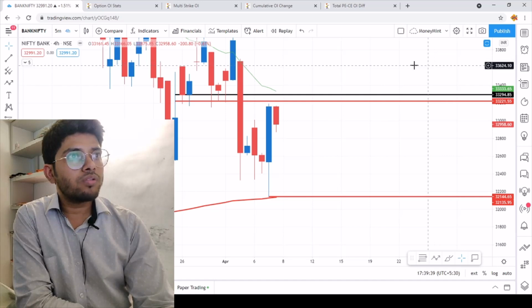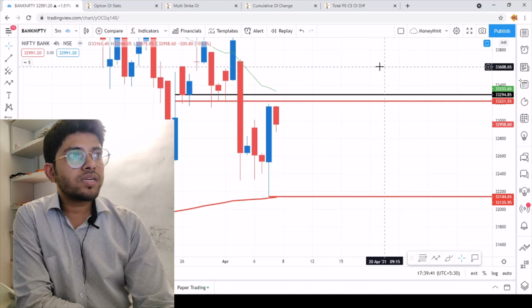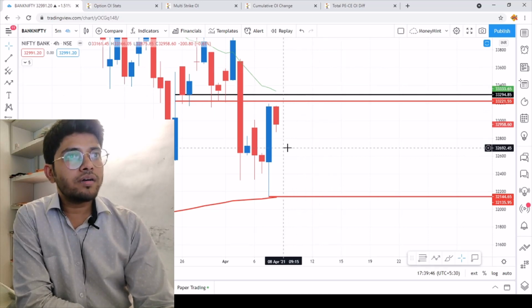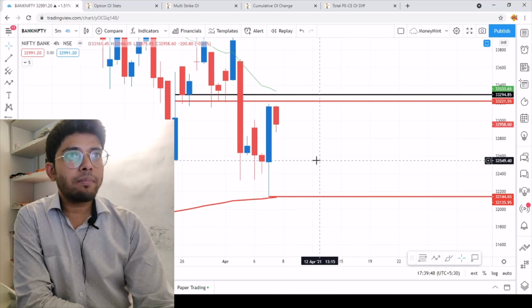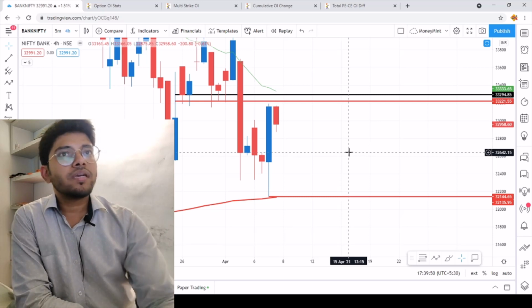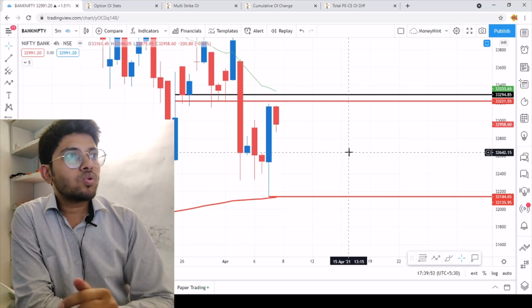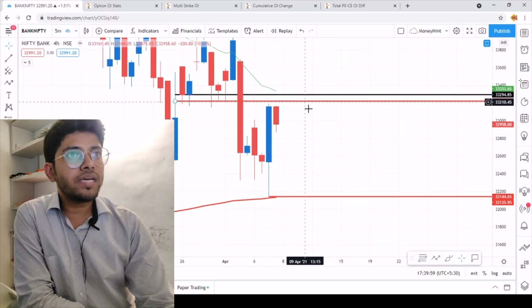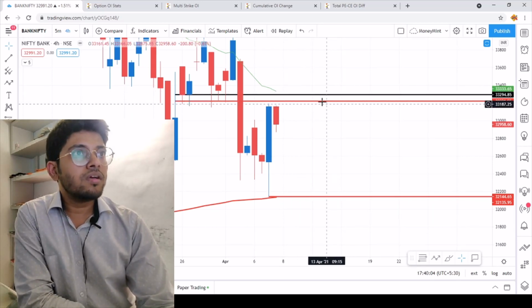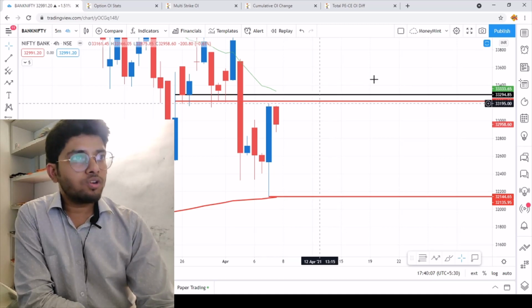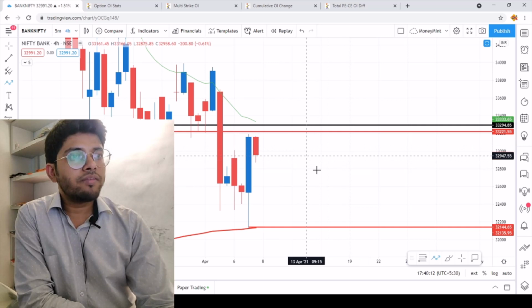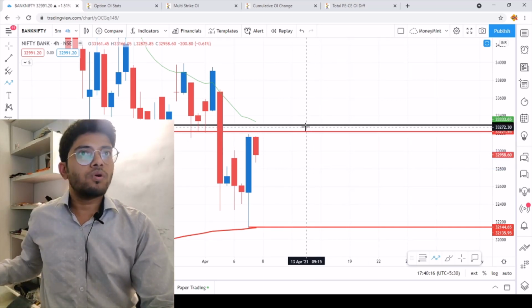The open interest data is signifying that some bullishness is there in the market, but the kind of movement which happened in the Bank Nifty limits its growth on the upside. So I have tried to be as reasonable as possible on the upside, and I think this resistance level would be very challenging. If it crosses this, then definitely our range expiry is not worth it, but I believe these two lines would be very important for tomorrow.